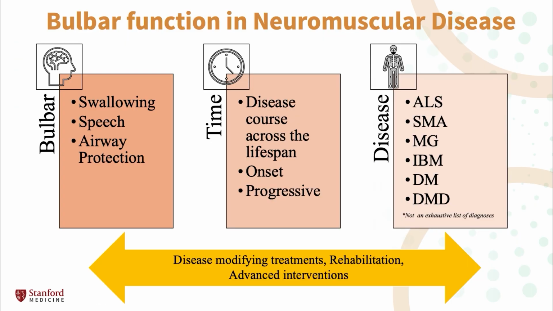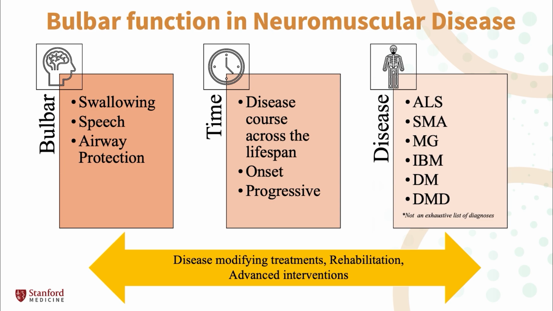As if the scope of bulbar function was not enough to talk about in one single conference day, we add the complexity that we're really talking about these functions over time, meaning over the lifespan. Some of the diagnoses we'll be talking about today, like SMA, is neonate through the lifespan, while other conditions such as ALS are things with onset after birth.